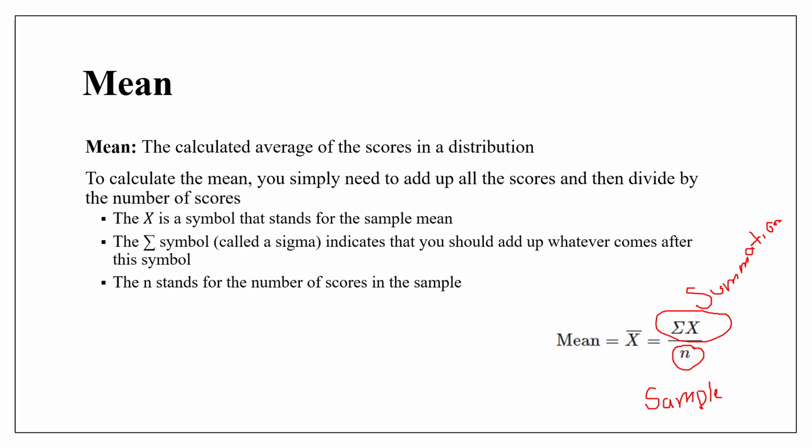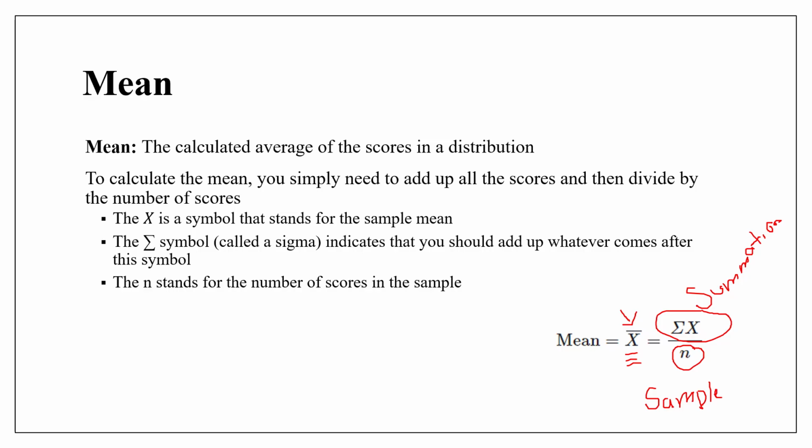The other thing that I want to emphasize here that might be a little bit different from what you're used to is this notation right here. And this specifically is the notation for the mean of a sample. This is the mean of a sample. And we're going to see that that's going to change slightly when we talk about the population mean.